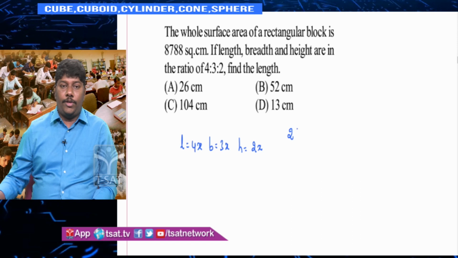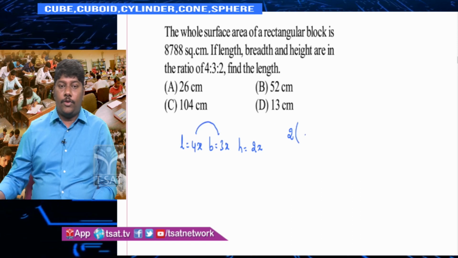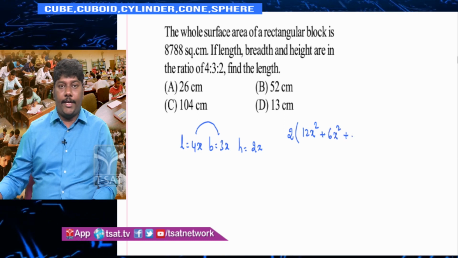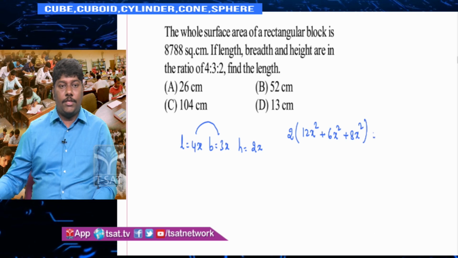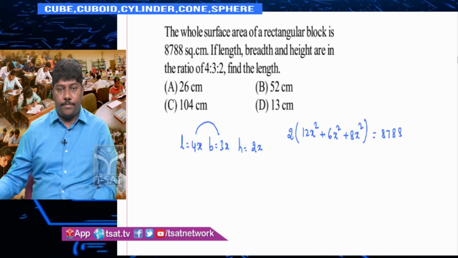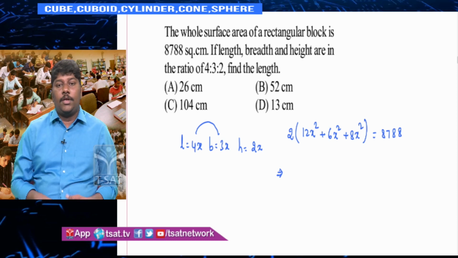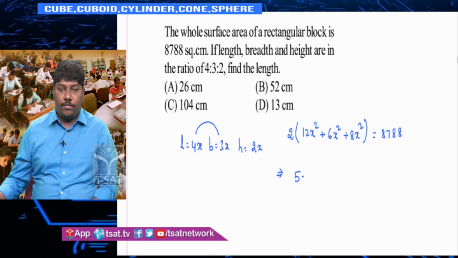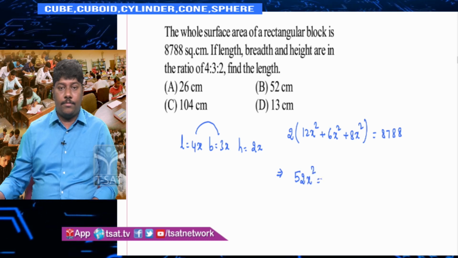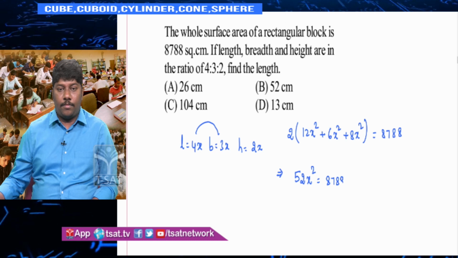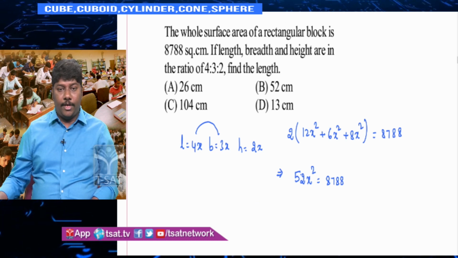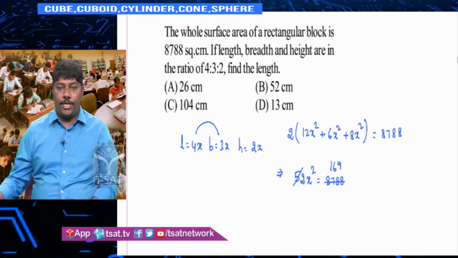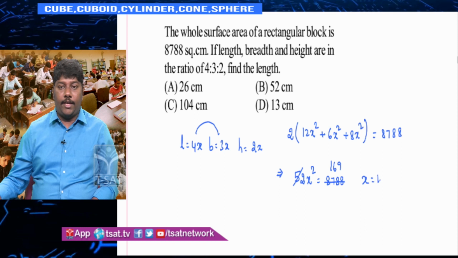Surface area becomes 2 into 12x square, 6x square, 8x square, equal to 8788. 12 plus 6 is 18, plus 8 is 26, therefore it becomes 52x square. You can cancel it by the 52 table or else the 13 table. In anything you cancel, you are going to get 169. So x is equal to 13.